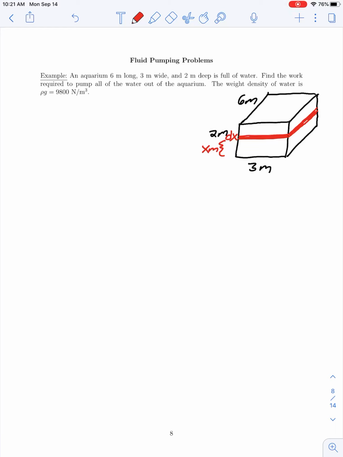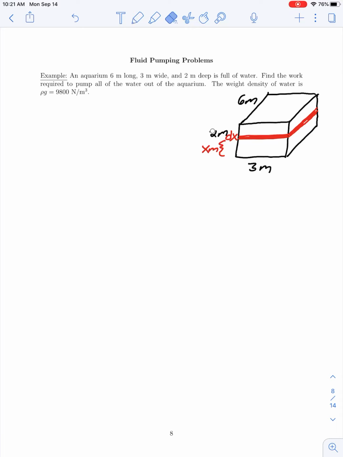So the question is, how much work would be required to pump this one slab of liquid to just over the top edge of our tank? To find the work, we need the force needed to move this slab of liquid and the total distance that it will travel to get to the top of our tank.